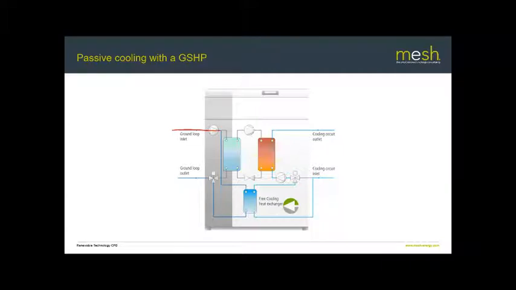Through this pump, it bypasses the normal refrigeration heat exchanger and goes to a secondary heat exchanger called the free cooling heat exchanger. It then passes through this heat exchanger and back out of the system through this 3-port valve and back out into the ground.